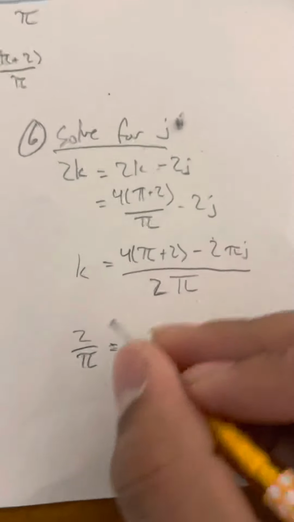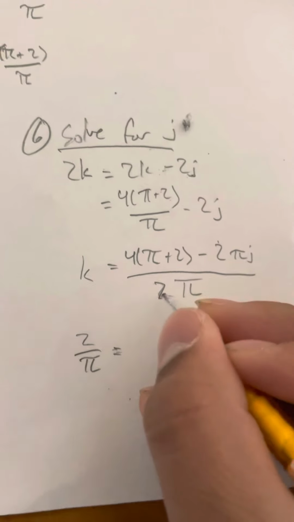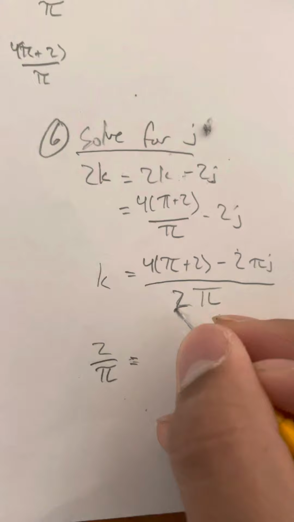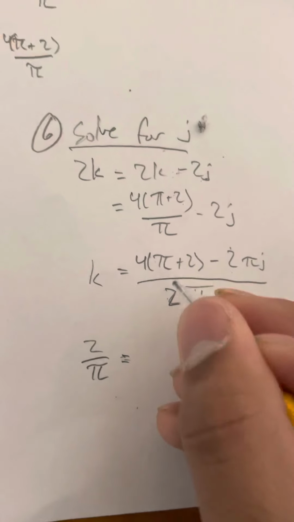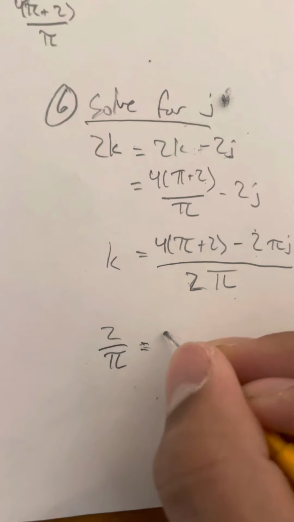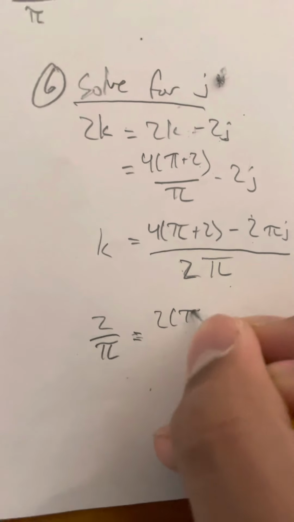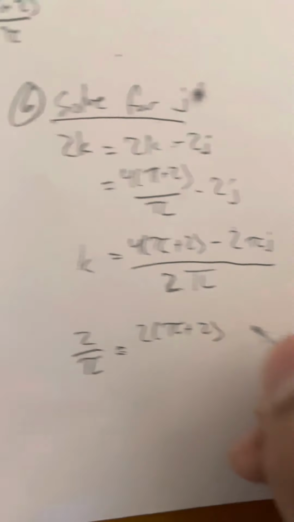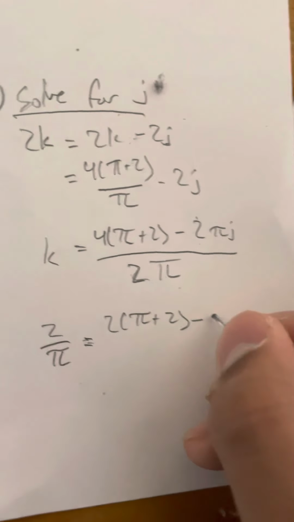And we can simplify 2 pi by dividing both terms by 2, because it's easily divisible by 2. And so we can just say 2 pi plus 2 minus pi j over just pi this time.